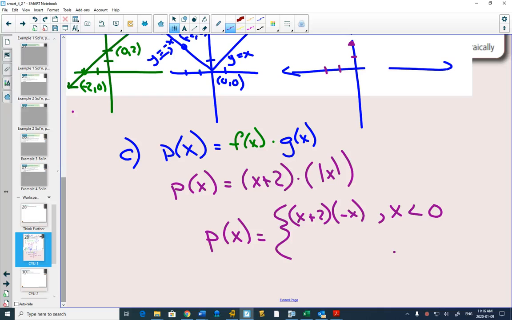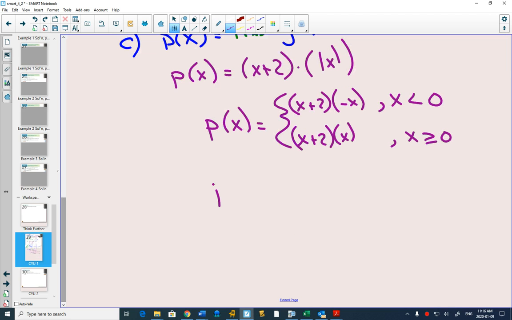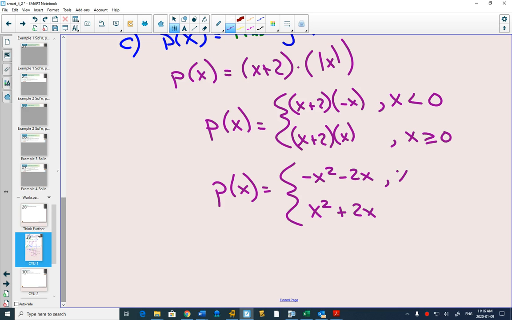And when x is bigger than 0, it would be x plus 2 times the positive x. So if I simplify that, I'm going to get negative x squared minus 2x. And here I'm going to get positive x squared plus 2x. One where x is less than 0, and one where x is bigger than 0.